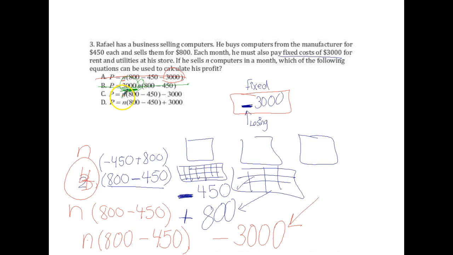C, n times 800 minus 450 minus the 3,000, which matches our equation. And then D, n times 800 minus 450, so this part is true. But then they're adding $3,000 to his profit while he's supposed to be losing it and not adding it.